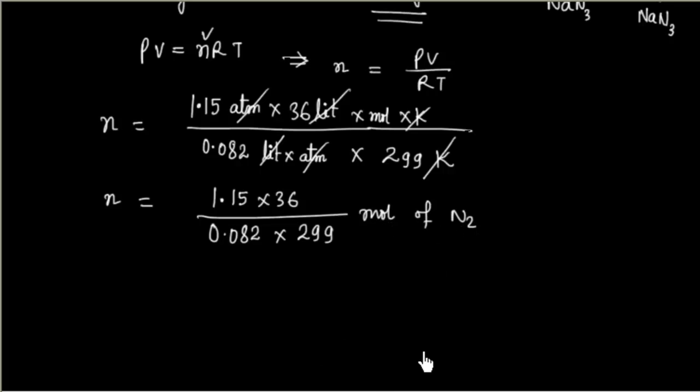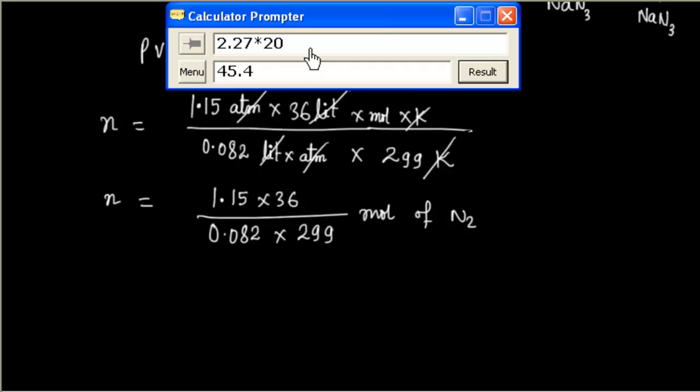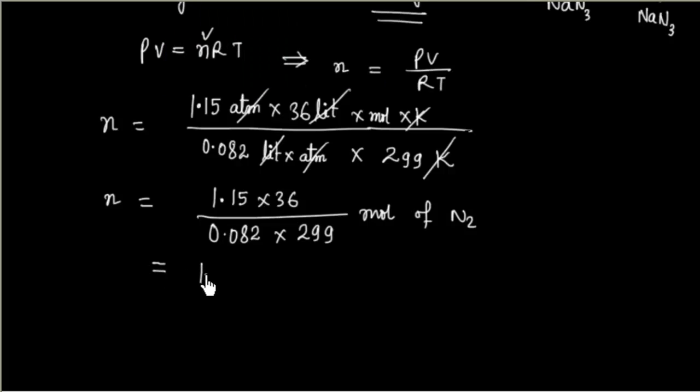So calculate this value. 1.15 multiplied by 36, divided by 0.082 multiplied by 299. This value is 1.688, so let us call this 1.69 moles, and this is moles of nitrogen.